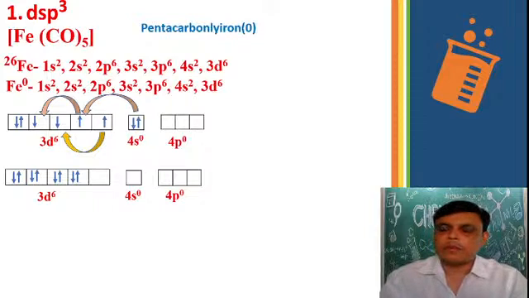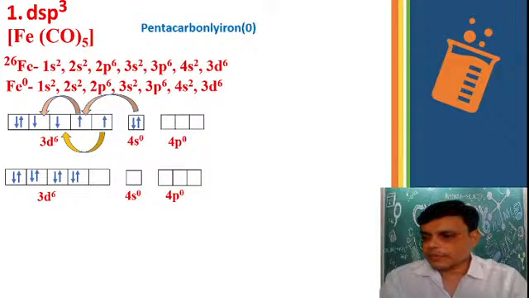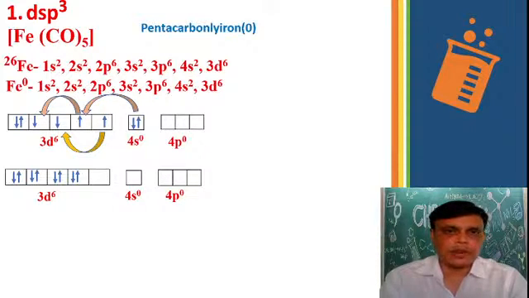If you have to come from higher energy to lower energy, there is no need to provide energy. While coming from higher to lower energy, some energy will be emitted or given out, and this happens because of the carbon monoxide ligand, which is a strong ligand.